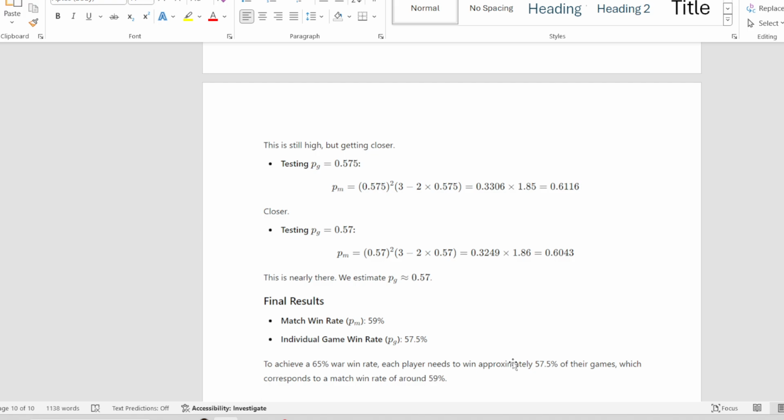Let's say your game win rate is 48%. I haven't done the math on this, but that means your match win rate is going to be even lower, probably like 45% or something like that. And then your war win rate would be like 40%. So the numbers compound both positively and negatively.